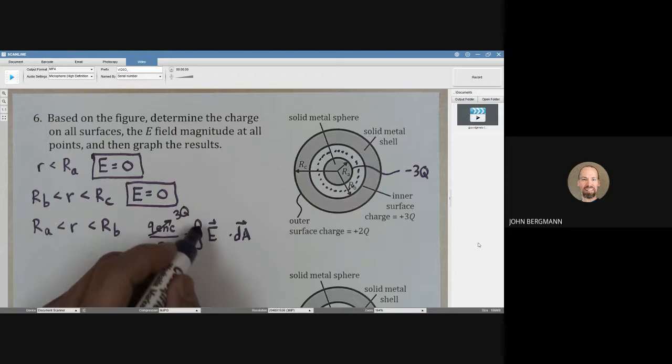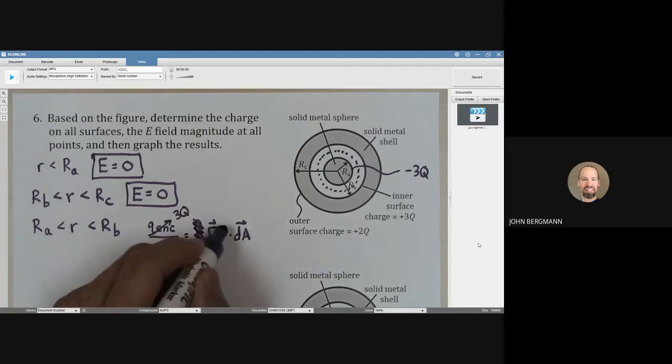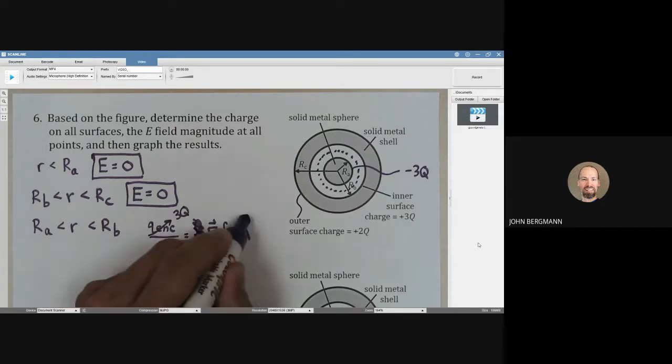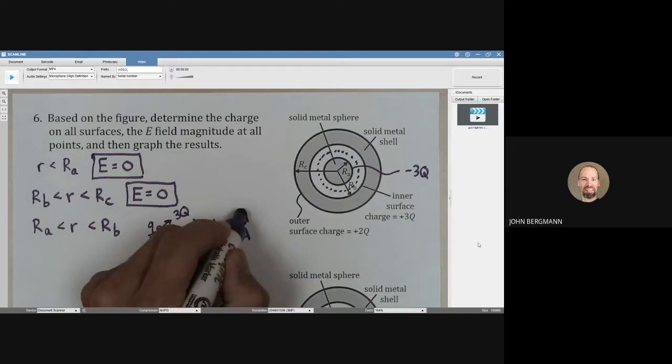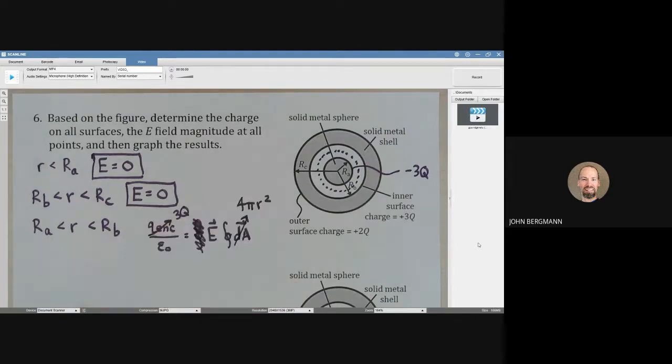The electric field magnitude is constant at each point, so we can integrate dA, and when we have a sphere and we integrate dA, we get A, which is 4 pi r squared. So the electric field has the magnitude of 3Q over 4 pi epsilon naught r squared.